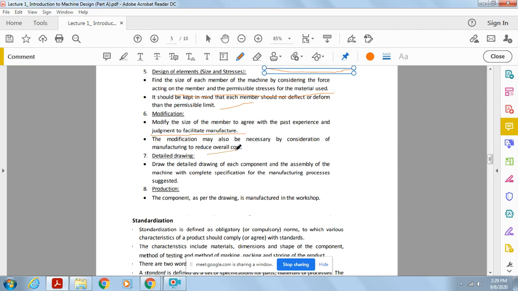Now the detailed drawing. Draw the detailed drawing of each component and the assembly of the machine with complete specification for the manufacturing process suggested. In the detailed drawing there are certain rules. The first rule is the BOM or BOQ, that is, the bill of material or bill of quantity.